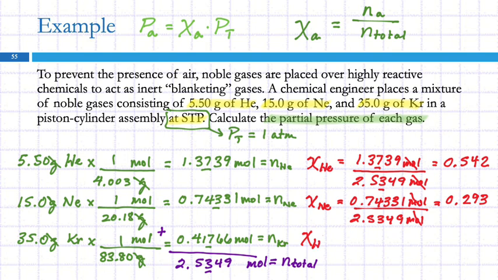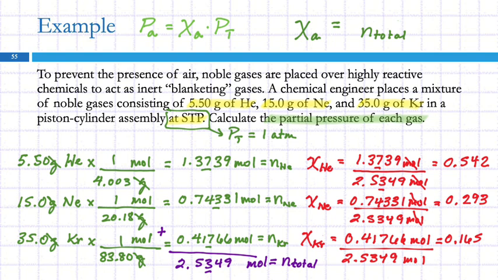Mole fraction of krypton is 0.41766 moles divided by 2.5349 moles, which is 0.165. I'm going to erase this.